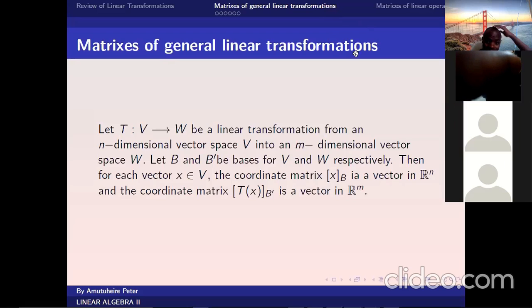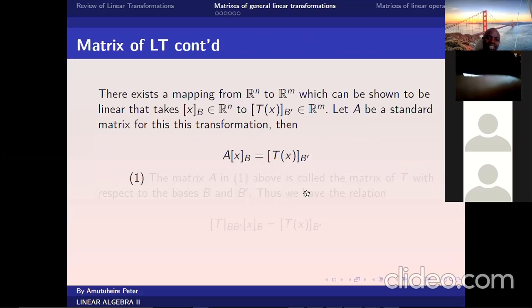Okay, so this is what we are looking at. We are saying that if we have a vector x in V, then this matrix is a vector in Rn. In other words, it's n-dimensional. And when we transform it to Tx in W, this one will also be in the m-dimensional vector space. So it means we can find a map that takes things from Rn to Rm, which can be shown to be linear.